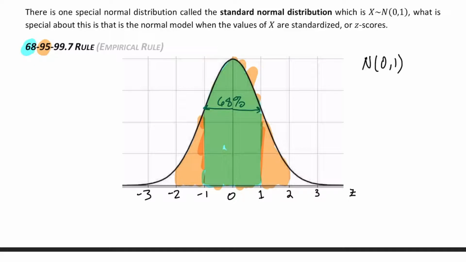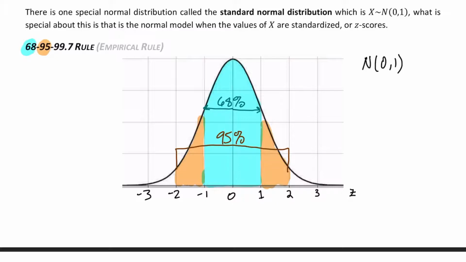So everything from -2 all the way up to +2, that's 95%. Almost all, 19/20ths, about 95% of the data is within 2 standard deviations of the mean. Everything that I just highlighted in orange is within 2 standard deviations of the mean. Now I'm going to get rid of that middle orange just so it's a little bit prettier.